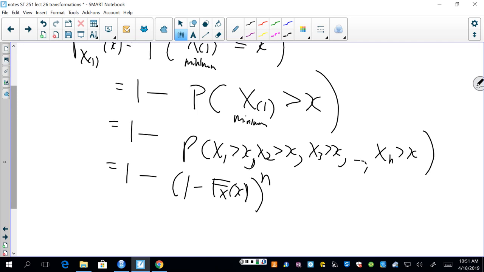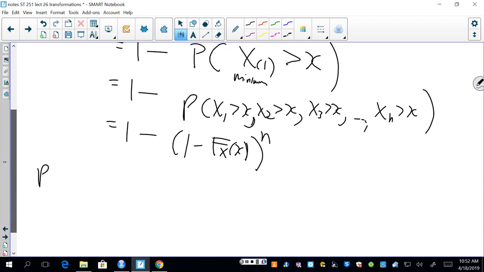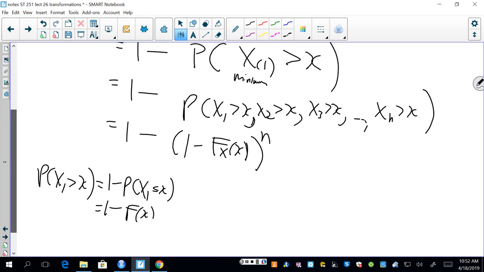So that's a little jump there, right? But it's a probability of each one of these things multiplied together, so there's going to be a power of n. The probability that, say, the first one is greater than x is 1 minus the probability that x1 is less than or equal to x. 1 minus this cumulative.